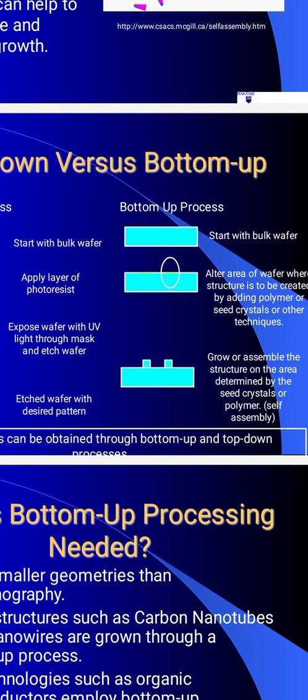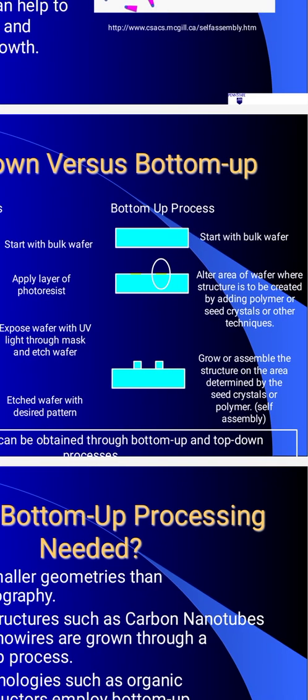Bottom-up process: start with the bulk wafer, and then you alter the area of the wafer where the structure is to be created. So some chemical process is happening on the surface. In some areas, the chemical process happens by itself. We are just giving the external conditions only.